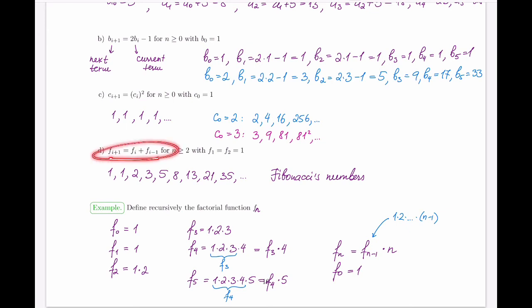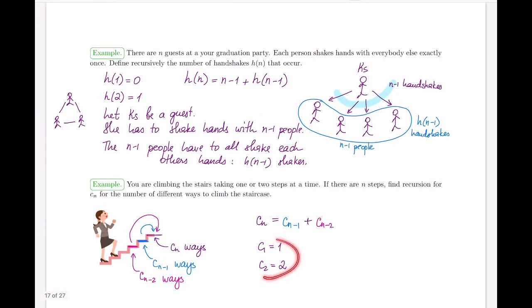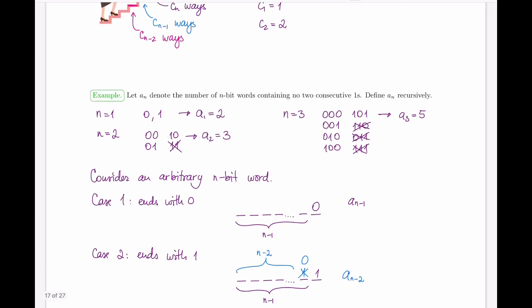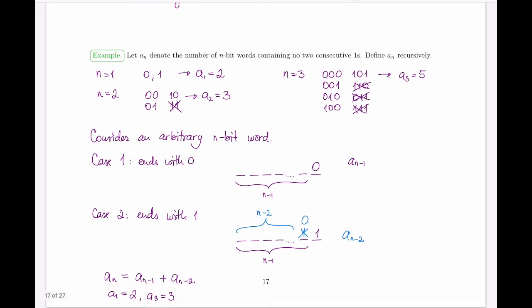This is the same recursion as for the Fibonacci numbers, but we're not going to end up with a sequence of Fibonacci numbers because our initial conditions in the 2 exercises here are not 1, 1. So while the recursion is the same, the initial conditions force it to be a different sequence.